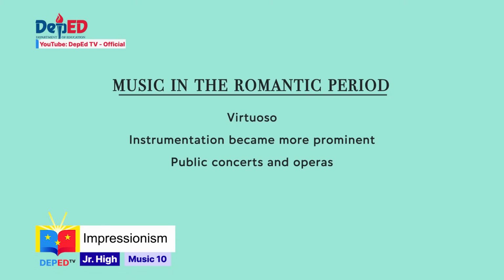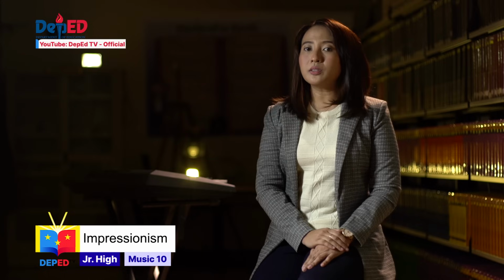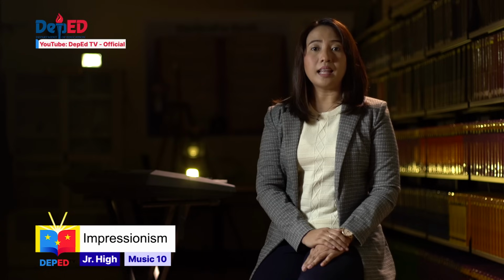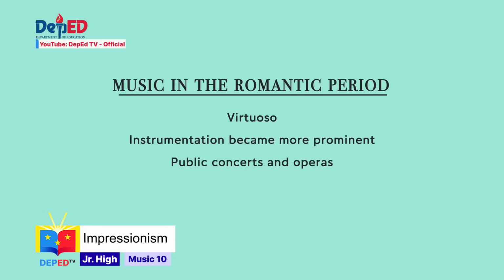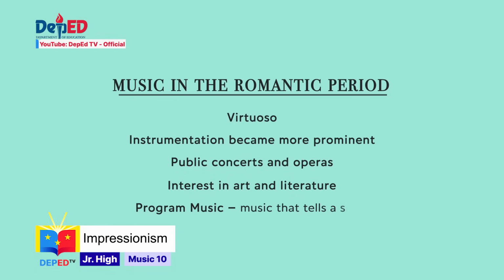Public concerts and operas moved away from the exclusivity of royalty and riches and into the hands of the urban middle-class society for all to enjoy. Composers also took interest in art and literature and started writing program music.